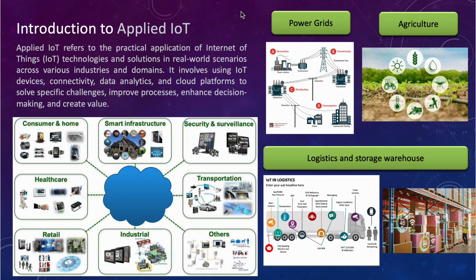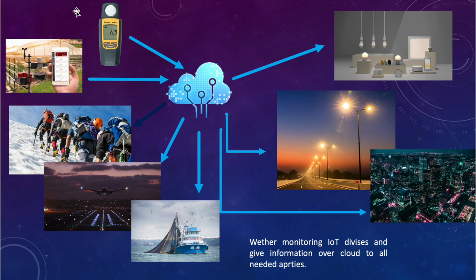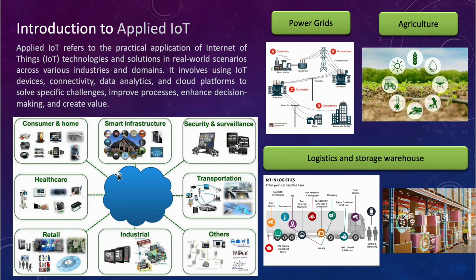So things like that. Then again, we have agriculture. When coming into agriculture, we talked about weather sensors giving out data. For agriculture, IoT is a must. We have seen in trends that spraying pesticides or fertilizer on plants is now done by drones.